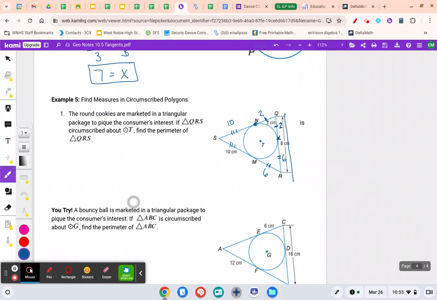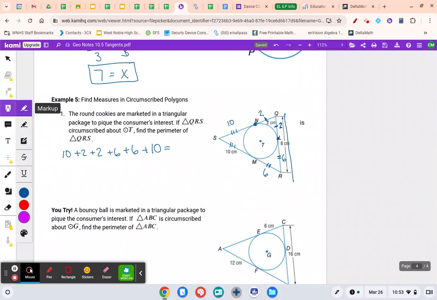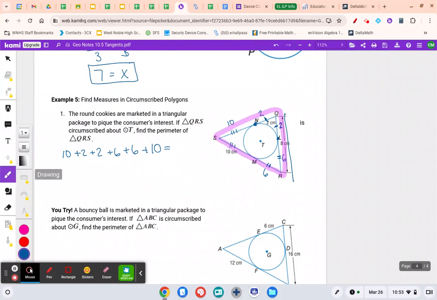So we're going to do 10 plus 2 plus 2 plus 6 plus 6 plus 10. That's just the addition. And that gives us a total of 36 centimeters. This is our perimeter.